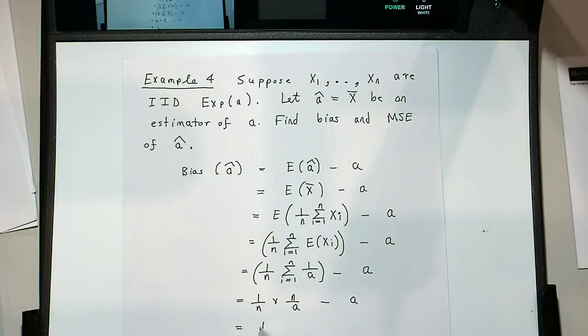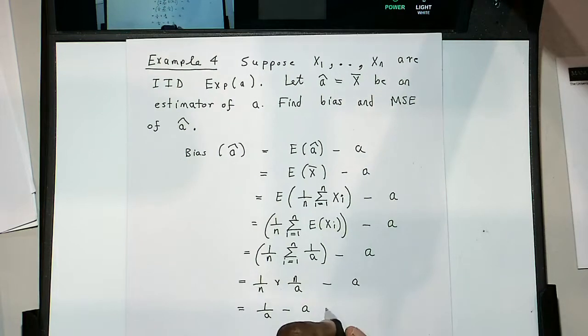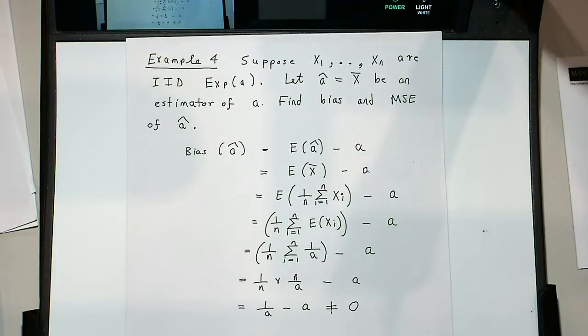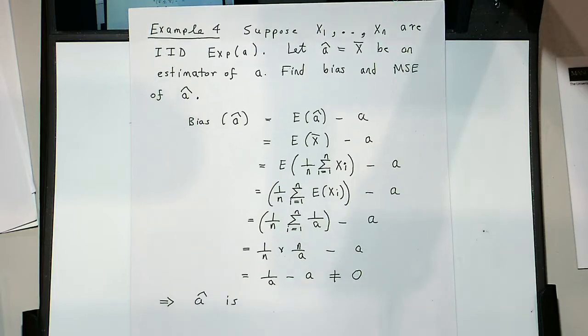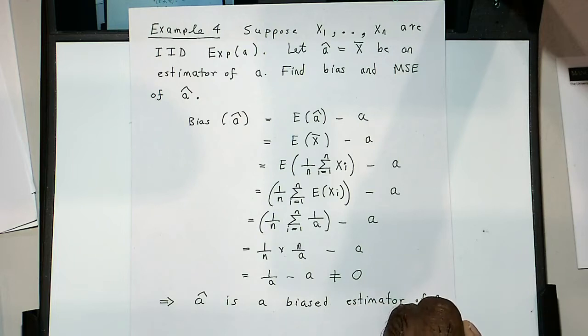And this is 1 over a minus a, which is clearly not equal to 0 unless a is equal to 1, right? So in this case, you have an example where a hat is a biased estimator of a, right? You follow me? Yeah? Are you guys okay? Yeah?